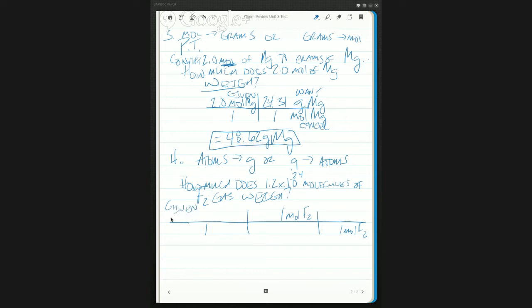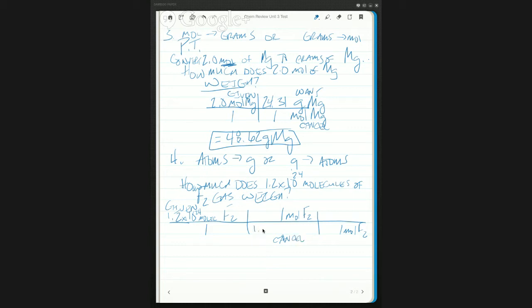So our given is 1.2 times 10 to the 24th molecules, abbreviated MOLEC, F2. And then what we want to cancel is down here.